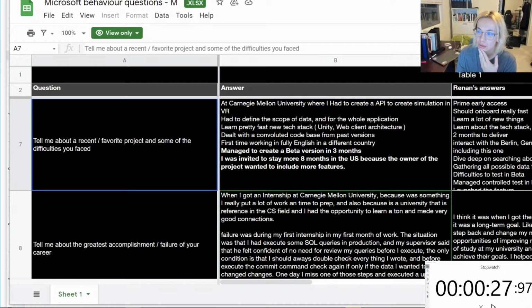Okay. The first difficulty was that this project was based on an old code base. So I had to understand other people's code that I never touched before. And that was a piece of technology that I never worked with before. So at the same time I had to learn a lot of things that were totally new for me.